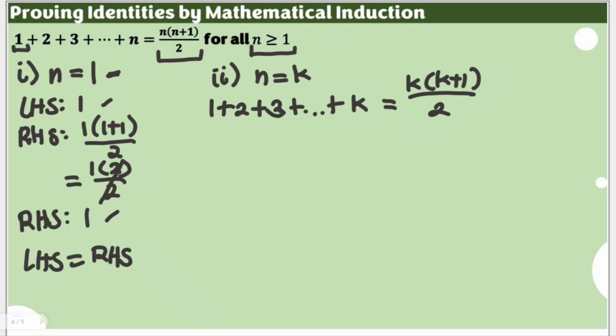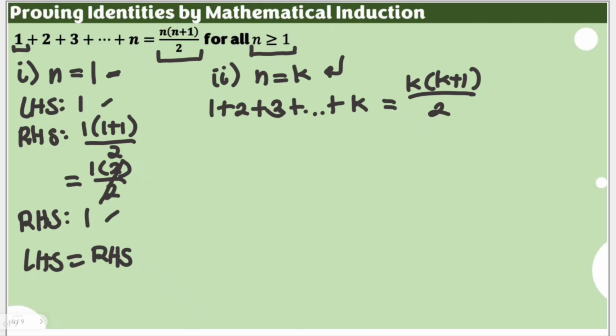Before we go to the third step, there is a miscellaneous activity here for step 2 that we really need to emphasize. Since n here, or k in this case, is expected to be the largest possible integer that we could substitute in our identity, what if we consider another integer greater than k?